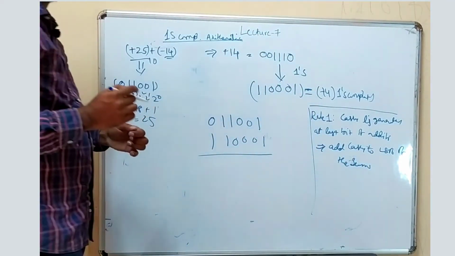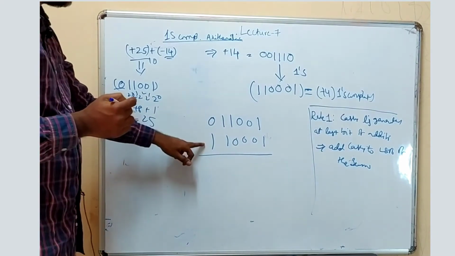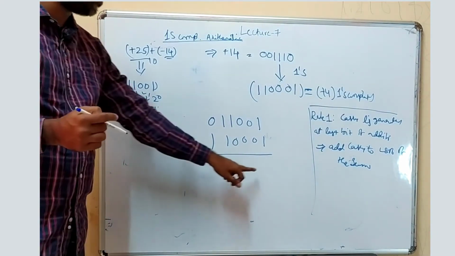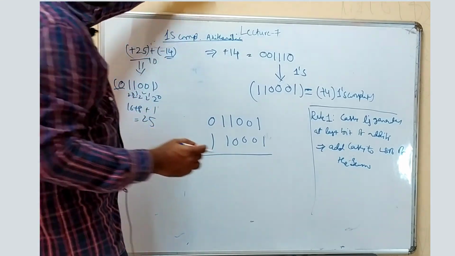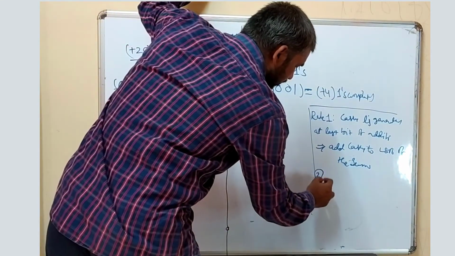The rule number 1 is, when the carry is generated at the last bit, you take that carry and add it to the LSB of the sum.